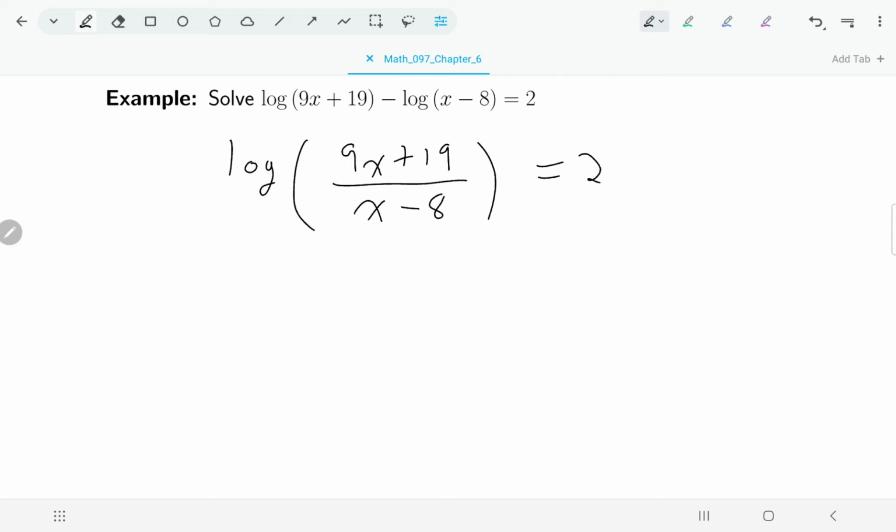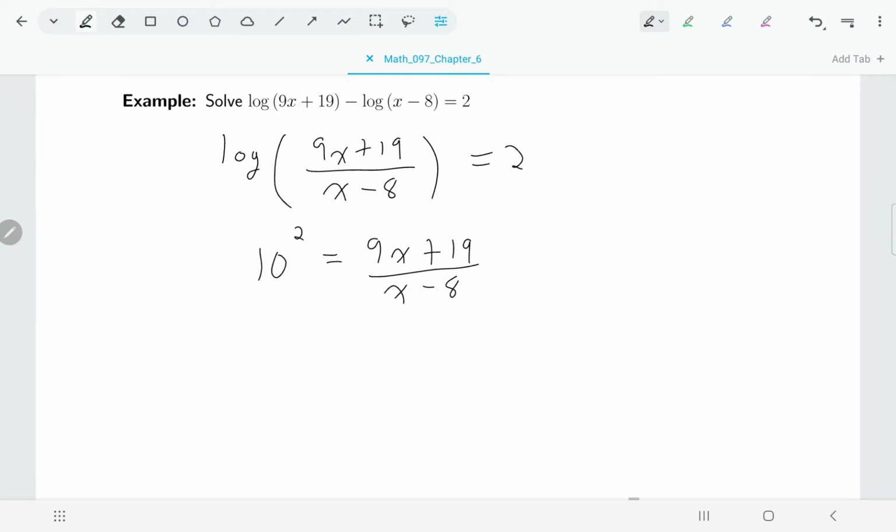So now I've got log of one thing equal to a single number, and I can rewrite that as an exponential equation, and since this is log base 10, then it's going to be exponential base 10. So 10 squared is equal to 9x plus 19 over x minus 8.